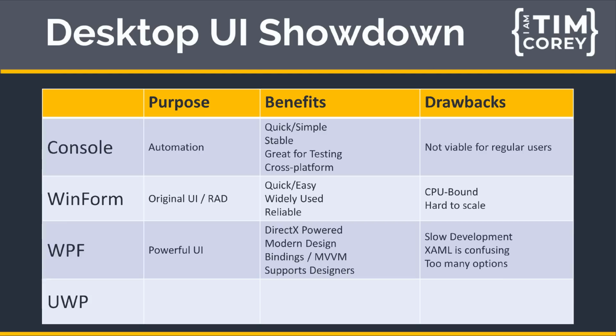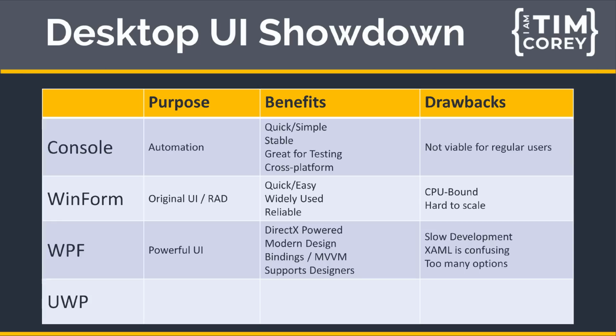Well, number one is slow development. In the previous two, Console and WinForms, the focus was on getting developers to get applications out the door quickly. With WPF, the focus was on power and that rich experience and the rich UI. And so what that did was you only have so much you can work with.